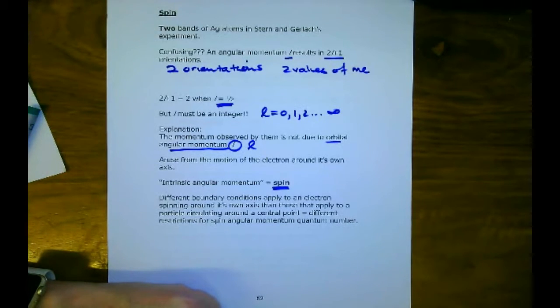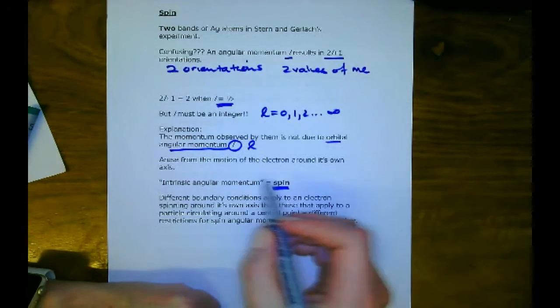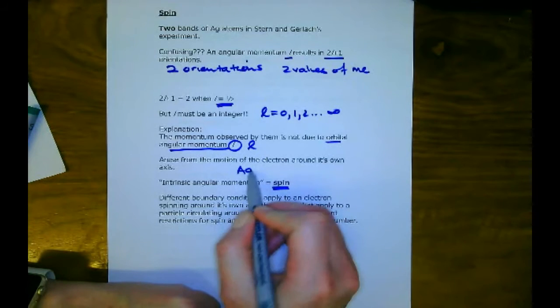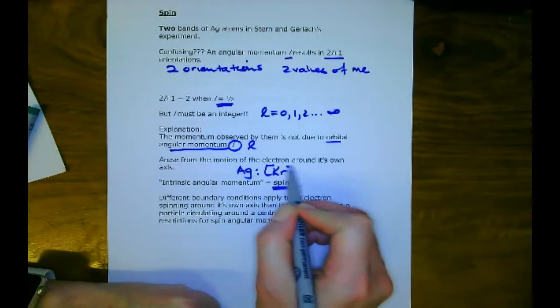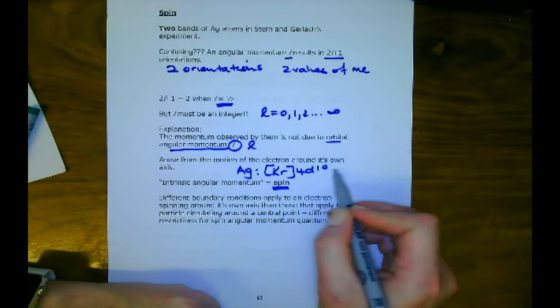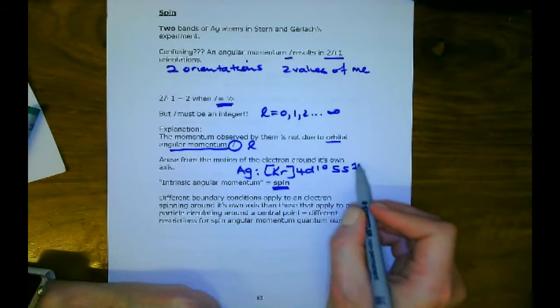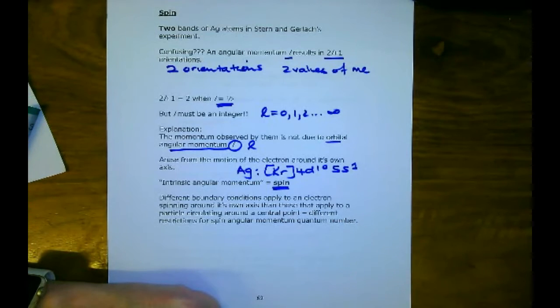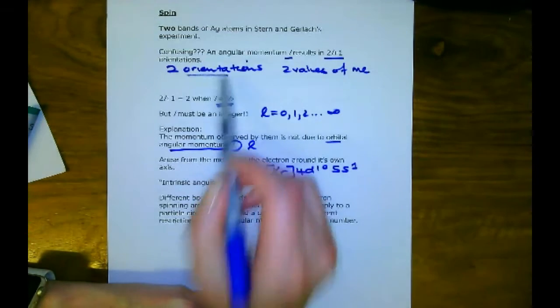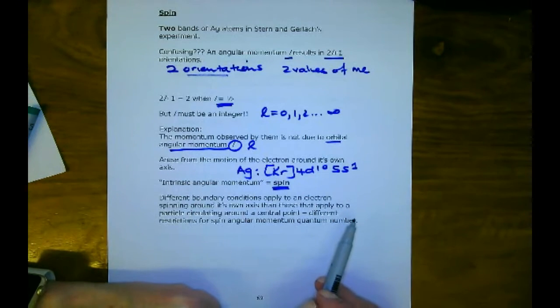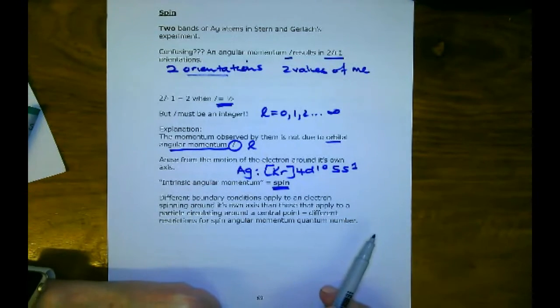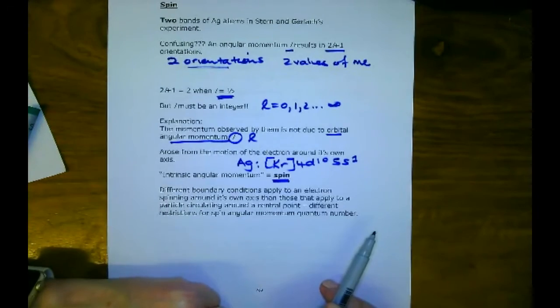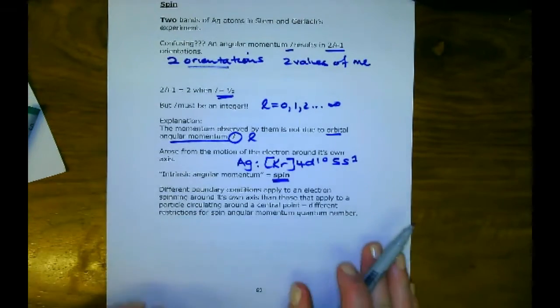So remember, if we have a look at the electron configuration of silver, they saw the spin of that unpaired electron. And there are two different possibilities, two orientations of spin. And that is why they saw the two bands in the experiment.